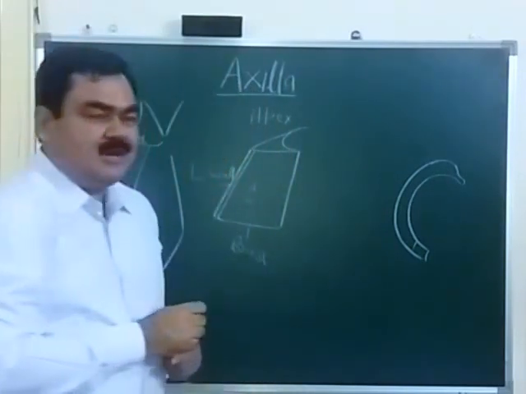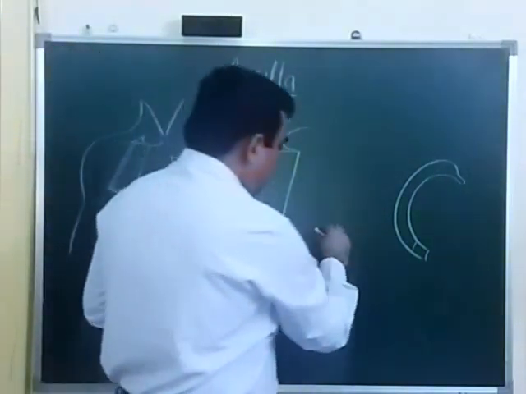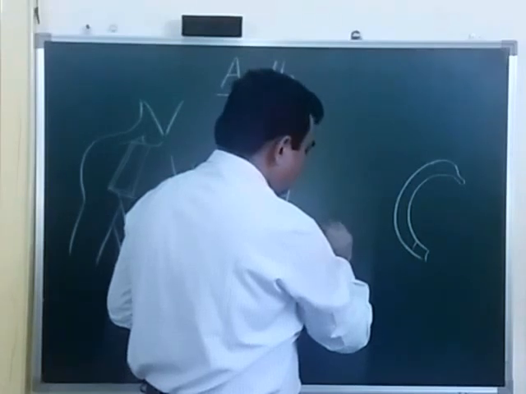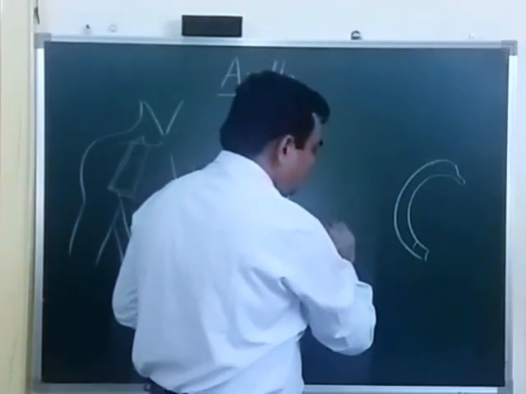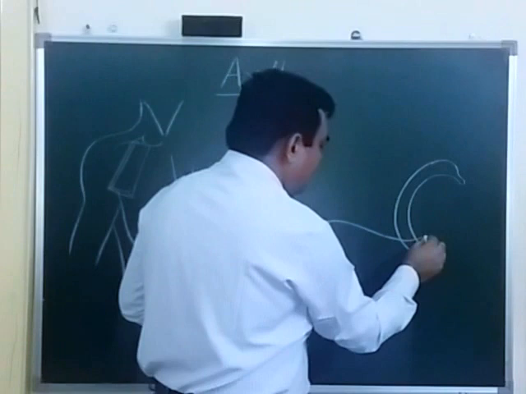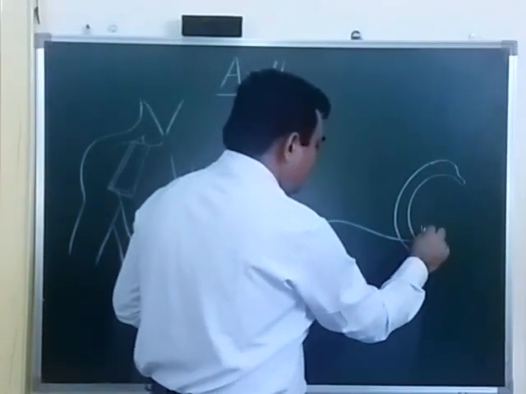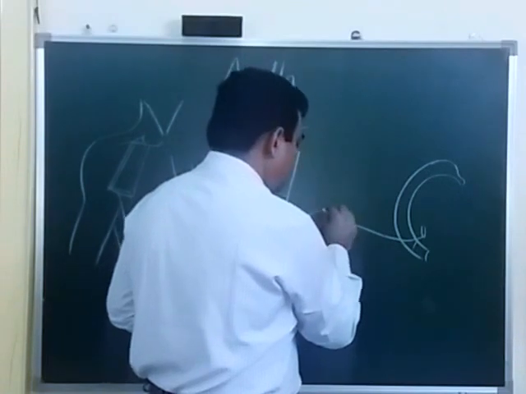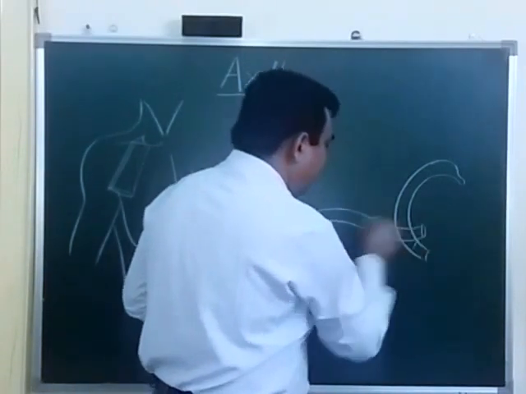this is outer border of first rib. Here is position of clavicle.